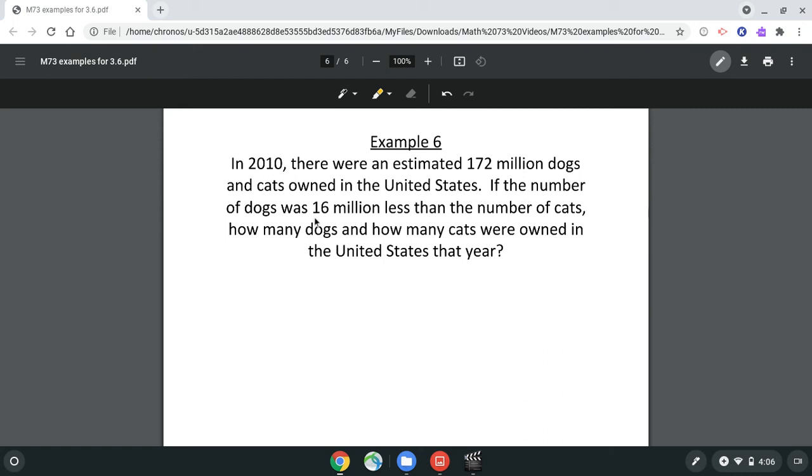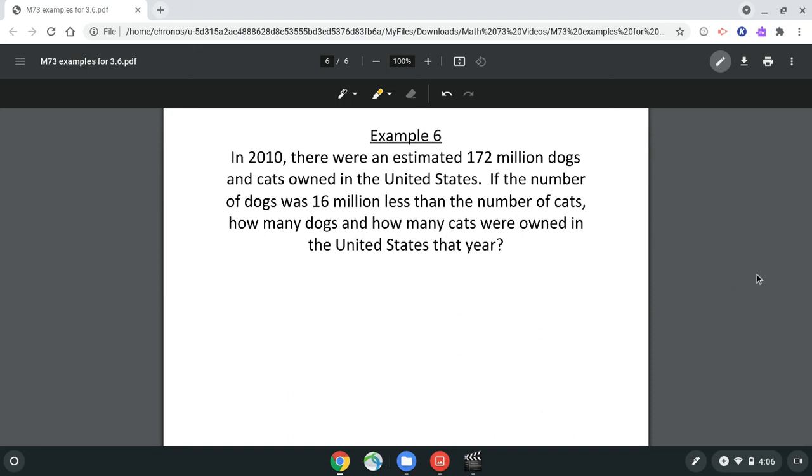If the number of dogs was 16 million less than the number of cats, how many dogs and how many cats were owned in the US that year? Okay, so here again, they're asking you to find how many dogs and how many cats were owned. So there we go. We can define our variables. So let's let X equal the number of dogs, and let's let Y equal the number of cats.